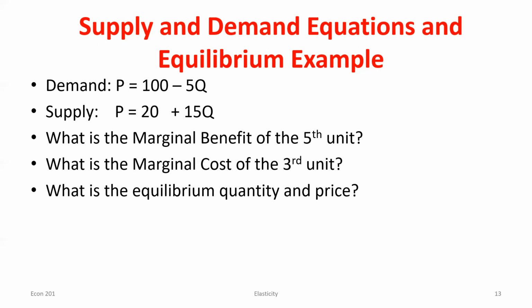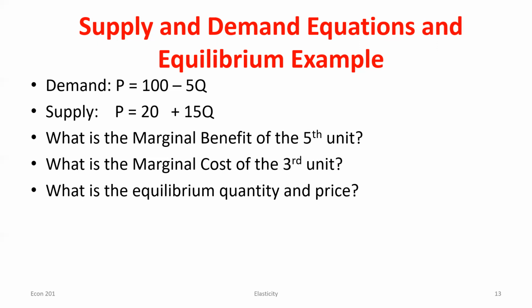So if I want the marginal cost of the third unit, what could I do? Yeah, right. Plug in my quantity of 3. 3 times 15 is 45 plus 20, 65. So for the third unit here, that marginal cost would be 65. Okay.